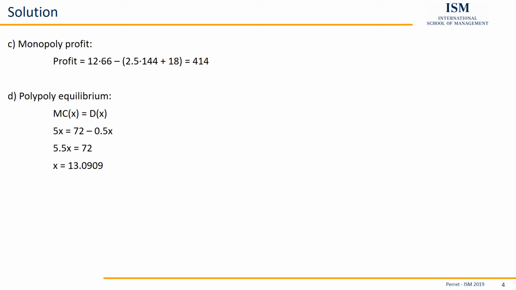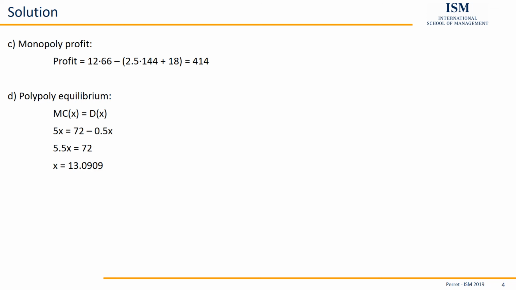This already looks pretty good, because the polypoly quantity always needs to be larger than the monopoly quantity. Here we have 13 point something, in the monopoly we have 12. Okay, we are only left with the polypoly price. For this, we insert the quantity we just calculated either into the marginal costs or into the demand function. In this case, marginal cost is a bit easier.